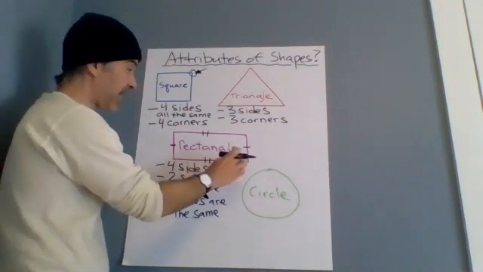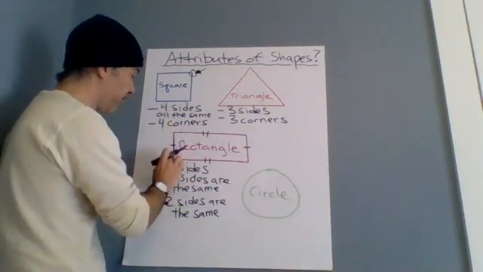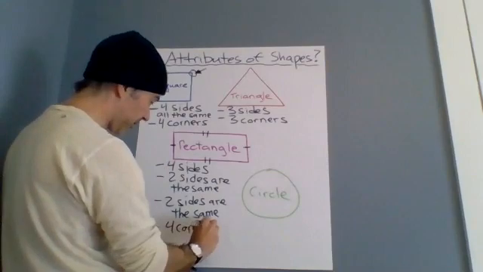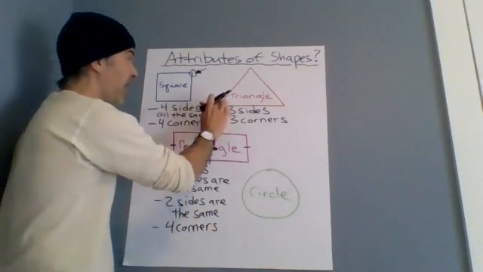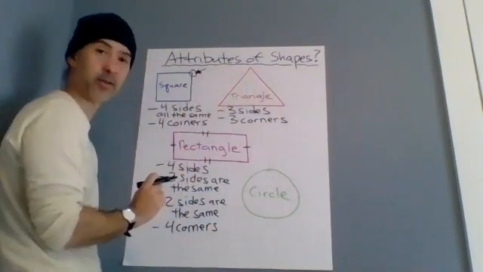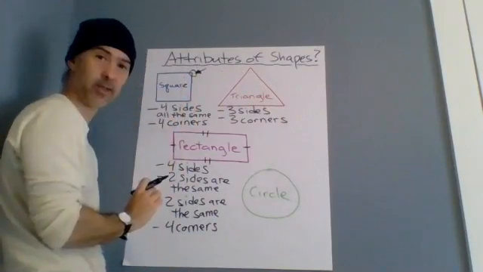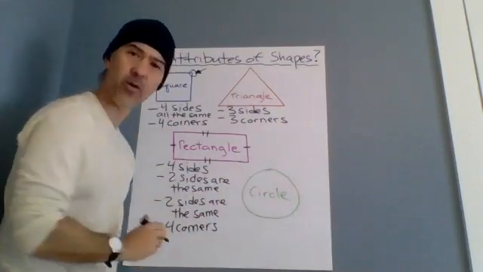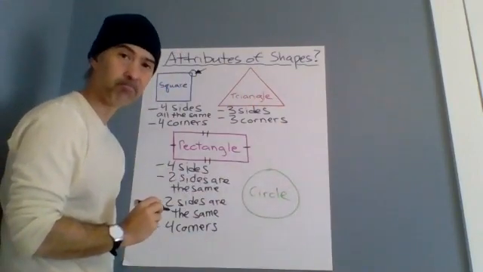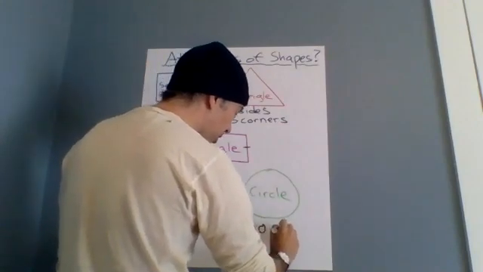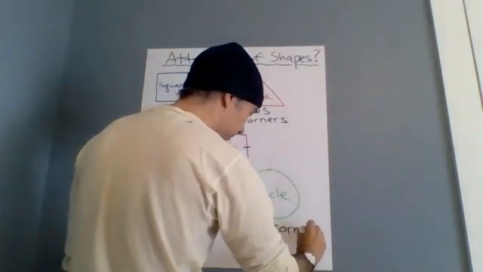Notice that in a rectangle, we have 1, 2, 3, 4 corners. In a triangle, we have 1, 2, 3 corners. And in a square, we have 1, 2, 3, 4 corners. Are there any corners in a circle? Nope. So maybe one attribute is a circle has no corners.